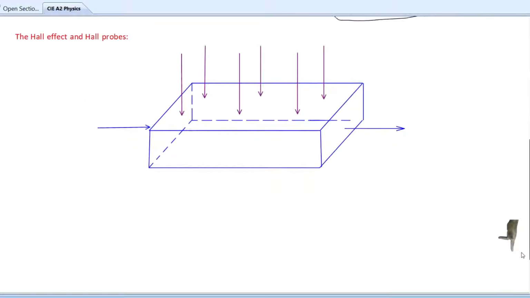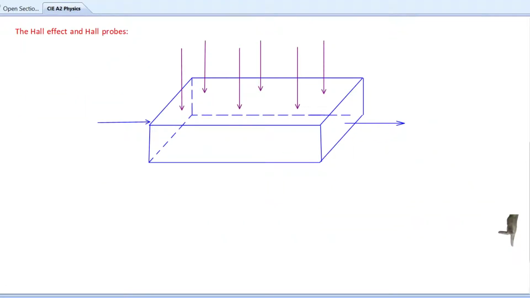We mentioned that we can measure the magnetic flux density using a device called a Hall probe, which uses something called the Hall effect.